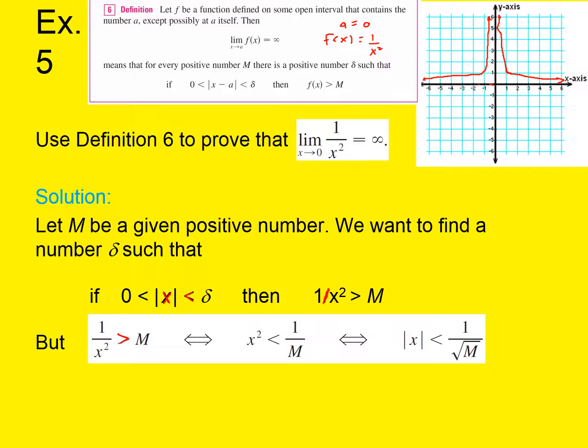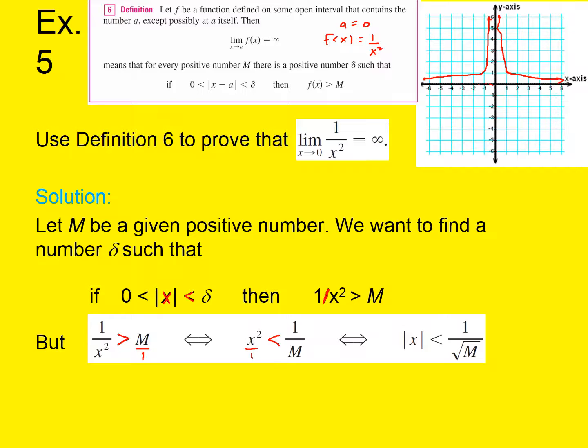But that means flip both sides, take a reciprocal of both sides. When you do that, you might have forgotten this, but the sense of the inequality changes, from a greater than to a less than.